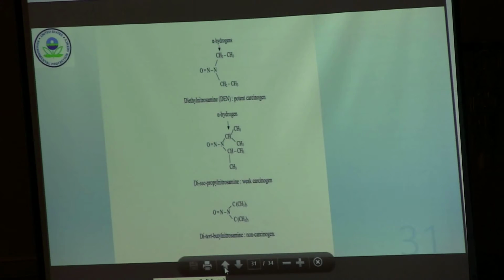This one is less, with only 1 alpha hydrogen. This one doesn't have any, even though they have the same number of carbons. The alpha hydrogen is very important because it's the key step of the metabolic activation.